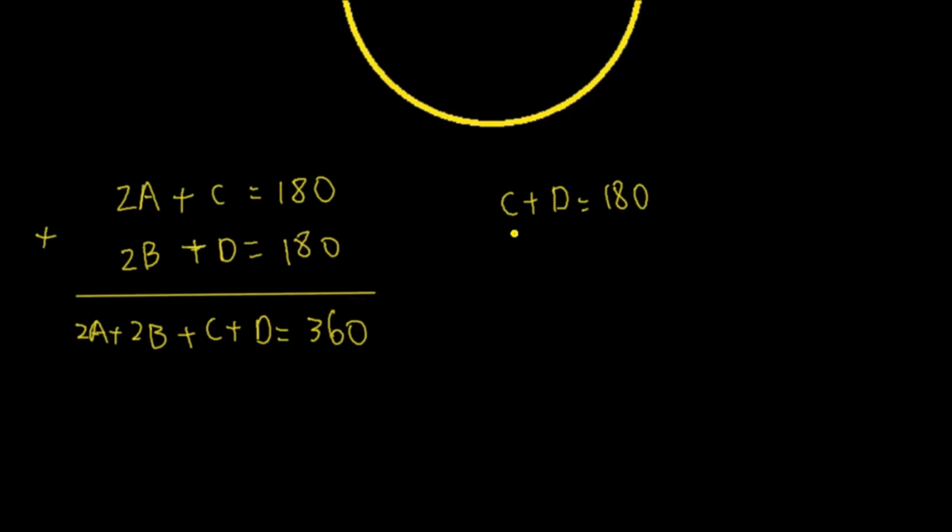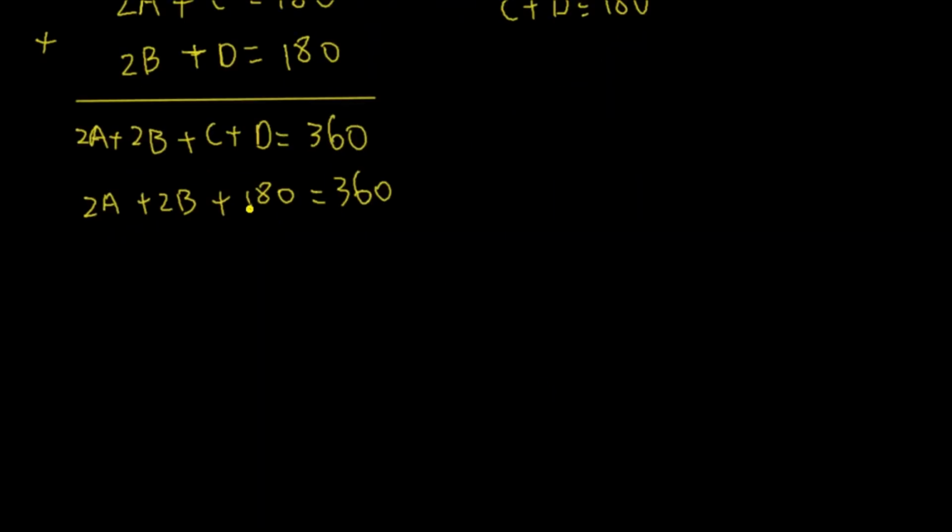Okay, with this, we have another equation here. C plus D is equal to 180 degrees. So we can replace that with 180. Over here, let's subtract 180 from both sides. We have 2A plus 2B is equal to 180.